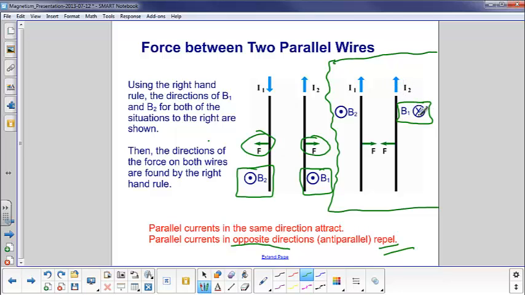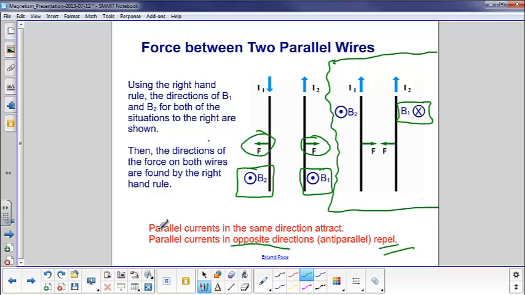I use the right hand rule, and I find that the force is to the left. I then look at I1. I2 will create a magnetic field B2 that's out of the page. So I1 is experiencing this magnetic field. I use the right hand rule, and I come up with the force to the right. So these two wires are attracting each other.